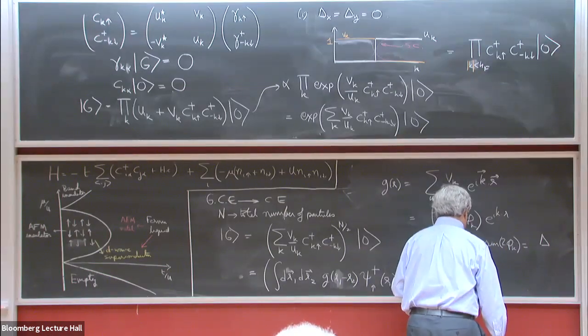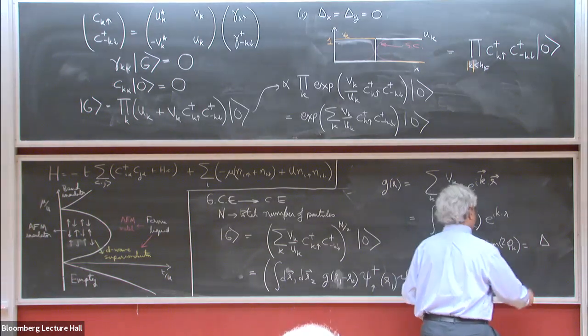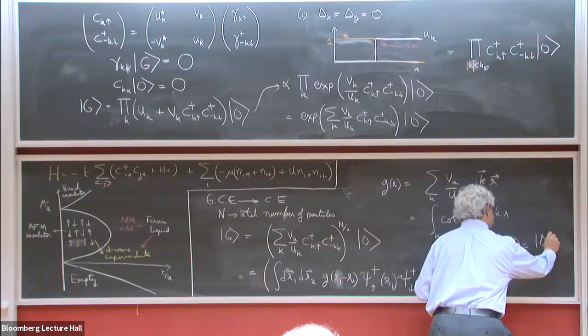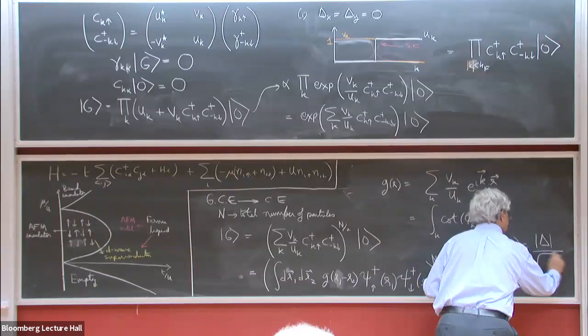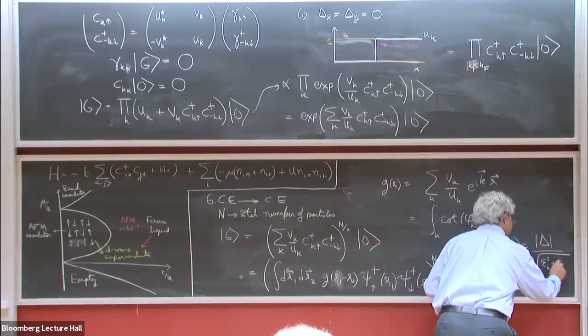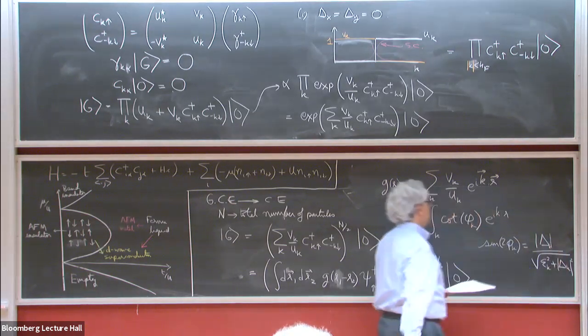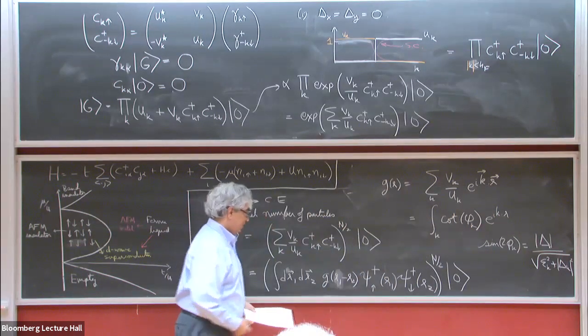There's an overall sign that I have to worry about. It's mod delta over the square root of epsilon_k squared plus delta_k squared. So this is the kind of expression you get.